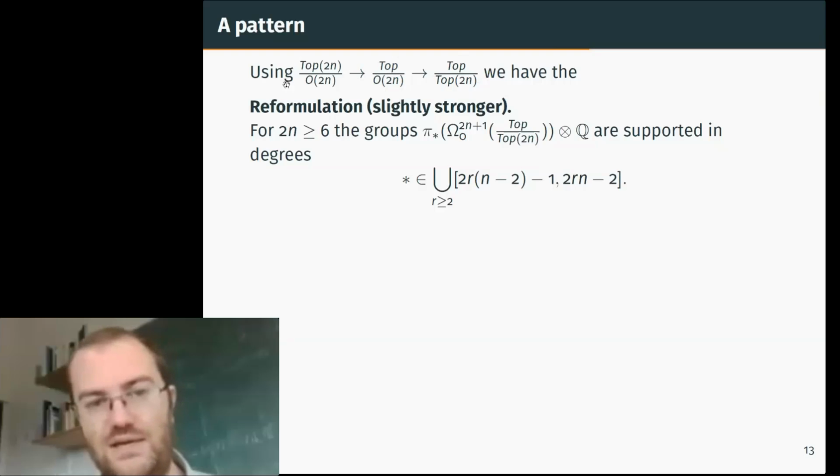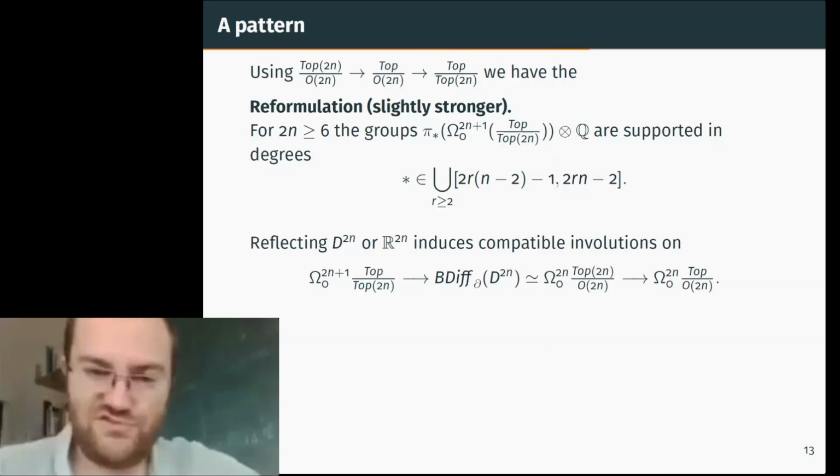But this sort of explains a little bit why the bands versus the dots are decoupled, is that they come from these 2 different spaces. But of course they might interact a little bit because this map might be non-trivial. That's why we can't rule out the possibility that all the dots are there.